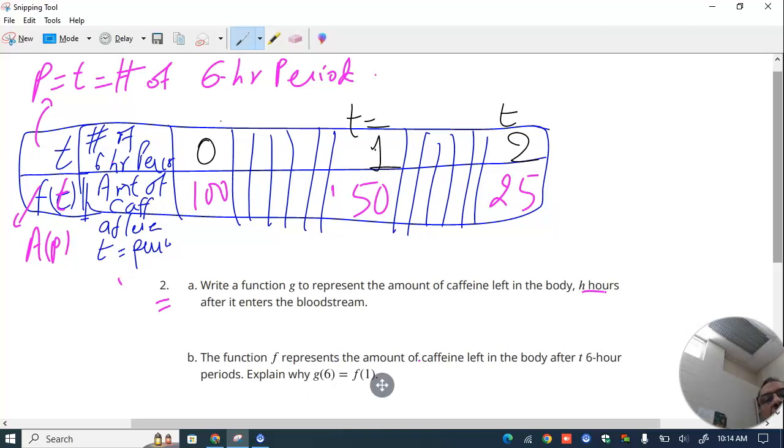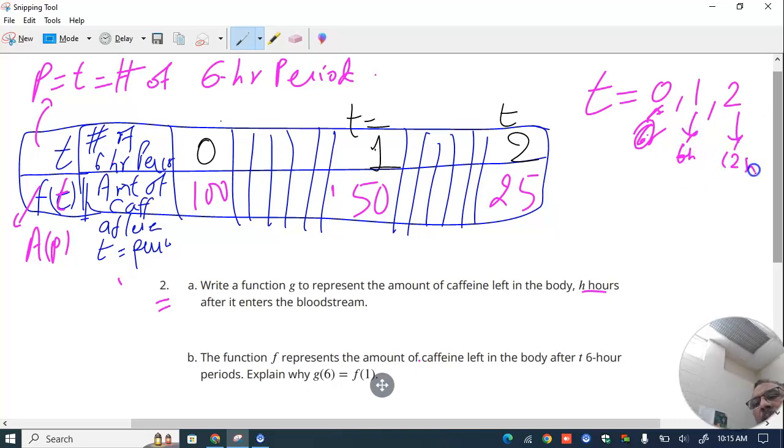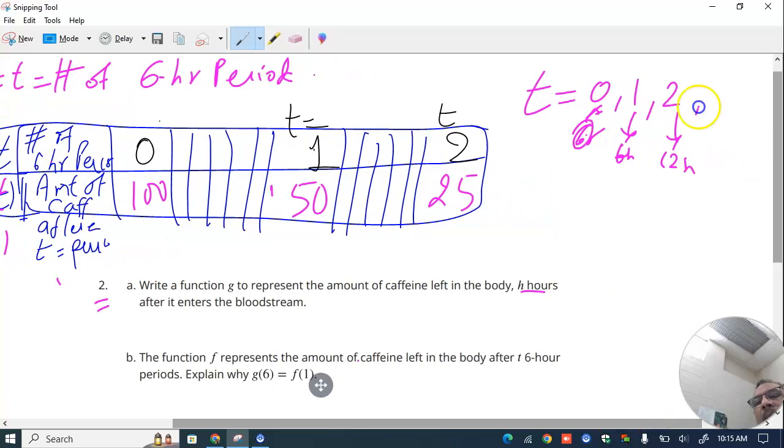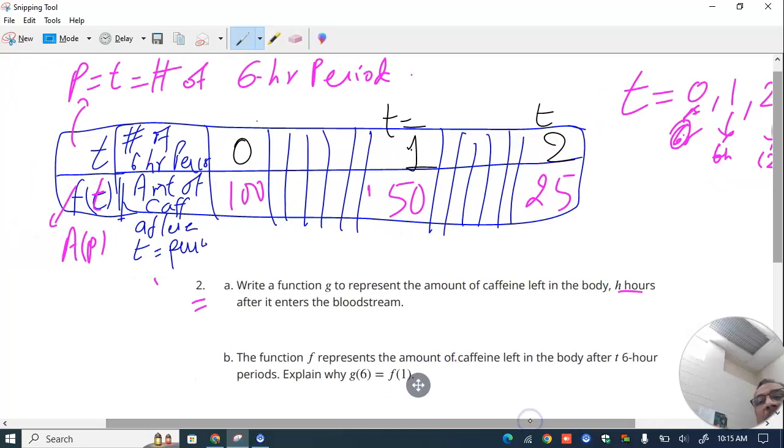So what does T stand for? 0, 1, 2, 3. Each time it is 6 hours. This is 0, right? This means it is 6 hours. This means it is 12 hours. So understanding is very important. When you say T equals 3, this means 18 hours, and so on. So H equals the number of hours.